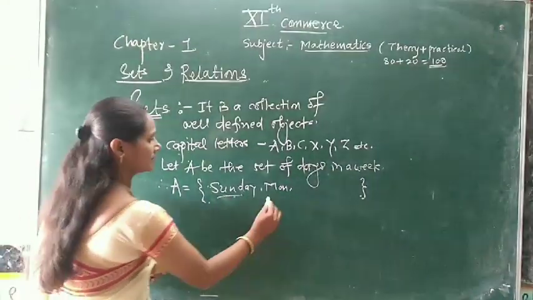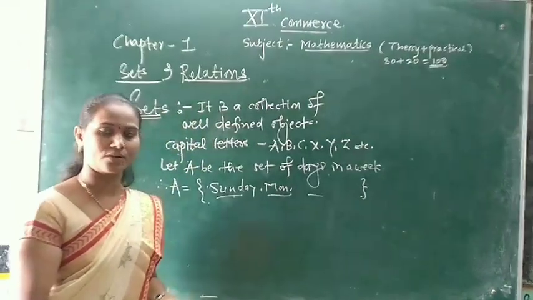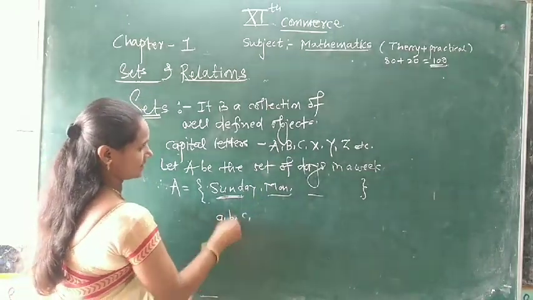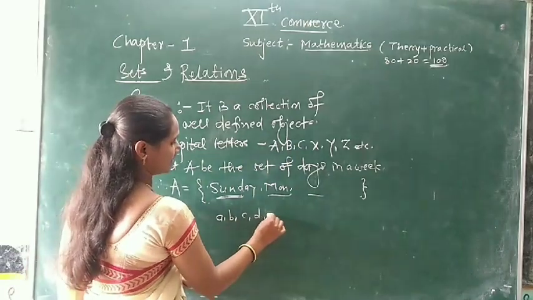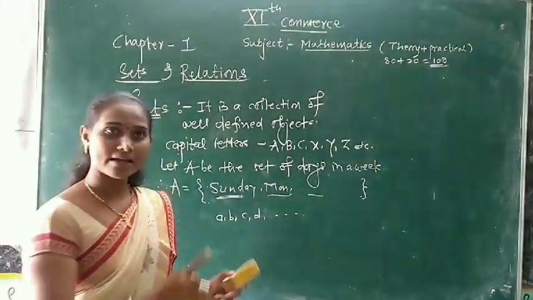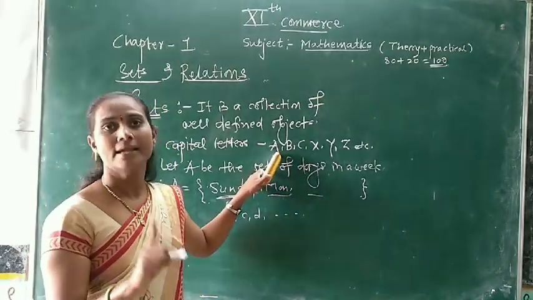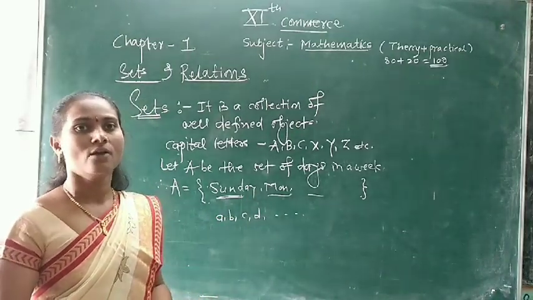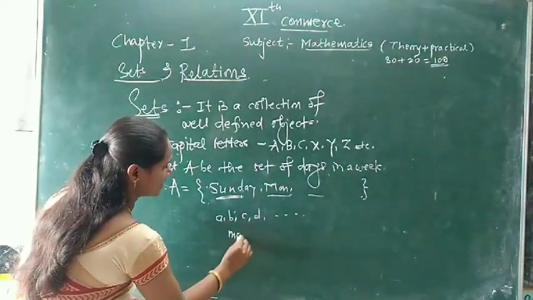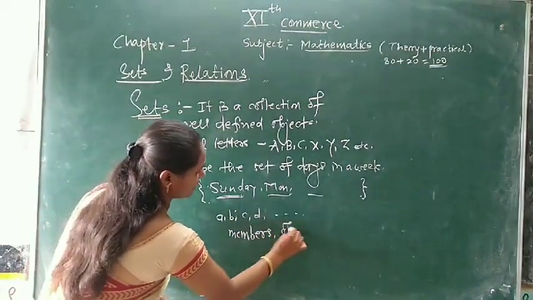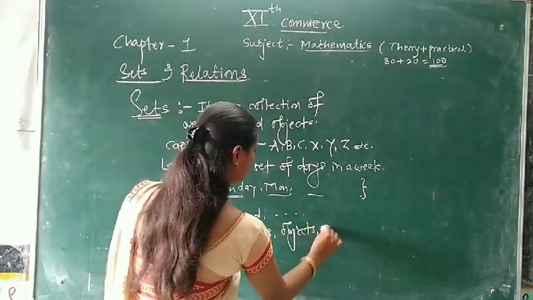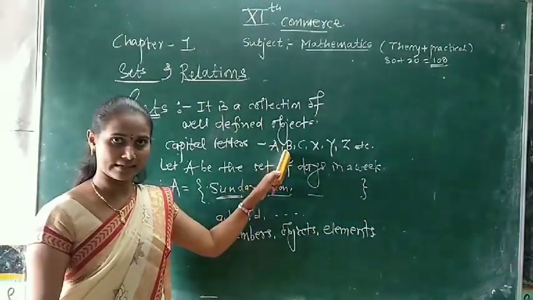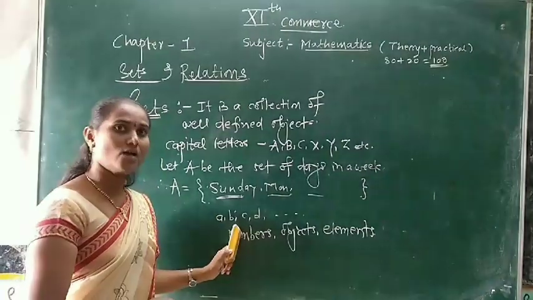These are the elements, also called objects or members. The elements in sets are denoted by small letters a, b, c, d, and so on. Remember that sets are denoted by capital letters and the elements in the sets are denoted by small letters.